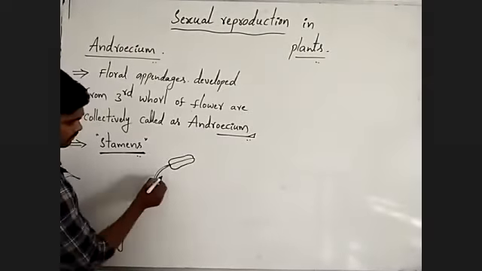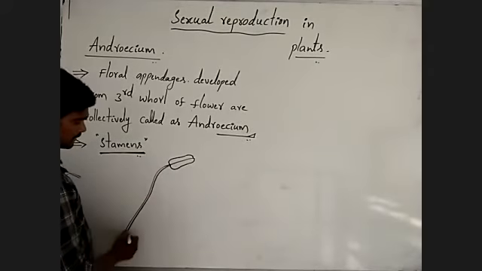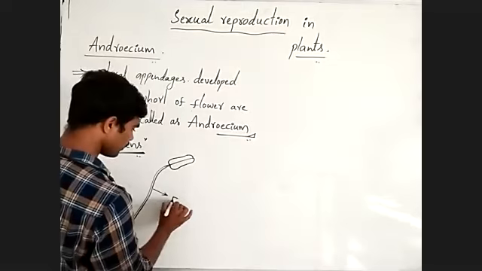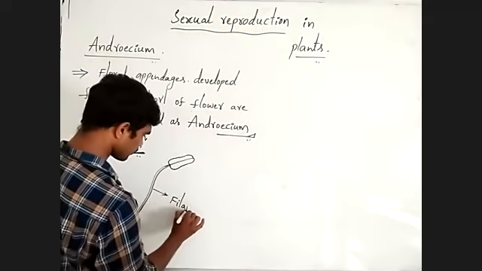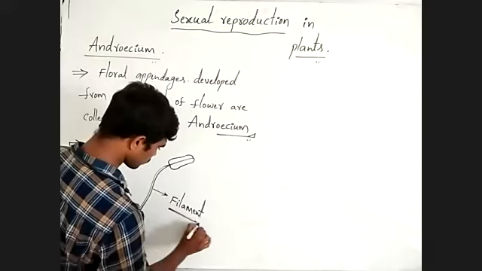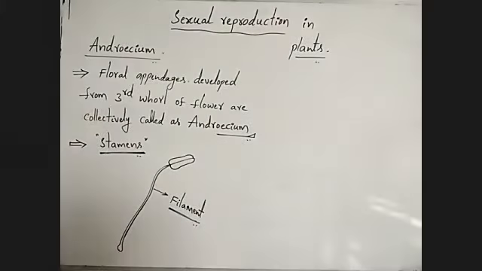Here, a stalk is present. This stalk of the stamen is called filament. What? Filament.